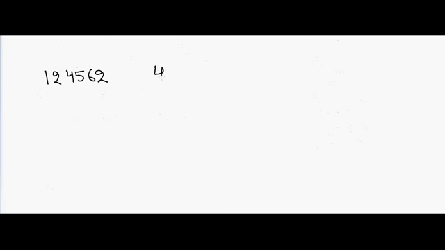In that case, I have to look at the last 2 digits, to see if they are evenly divided by 4. So 62, if we try to divide 62 by 4, I'll get 1, and then I have 22 left. So that is not evenly divided by 4. So this number cannot be evenly divided by 4.